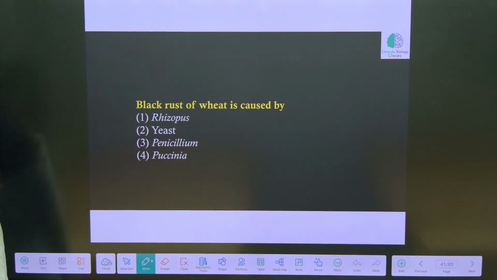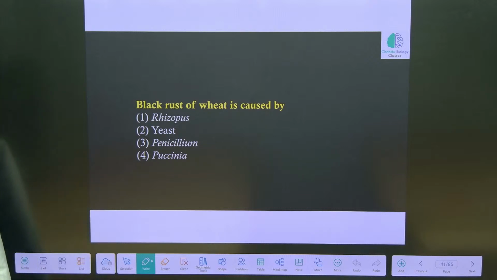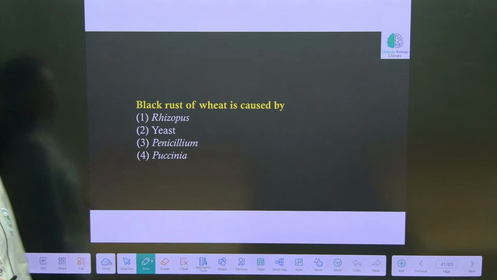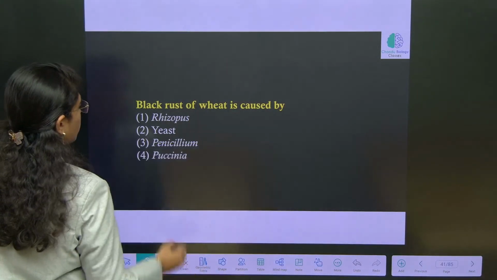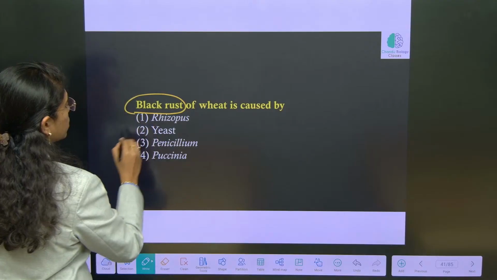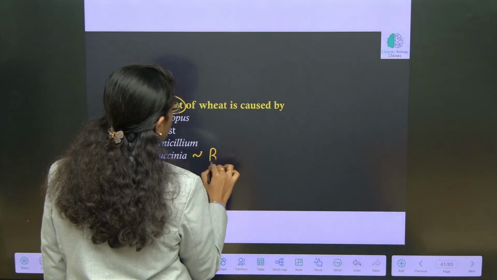Black rust is caused by Puccinia graminis, which belongs to Basidiomycetes.